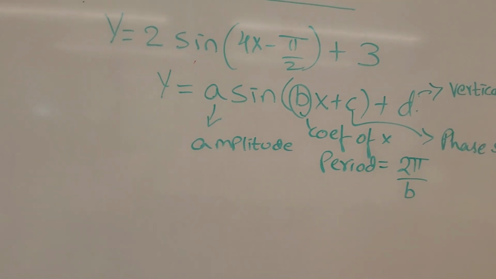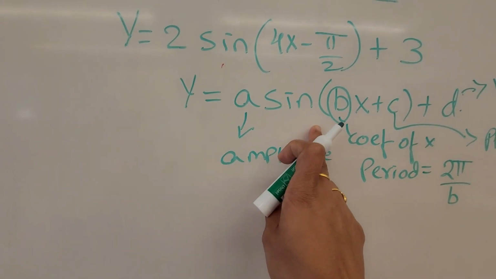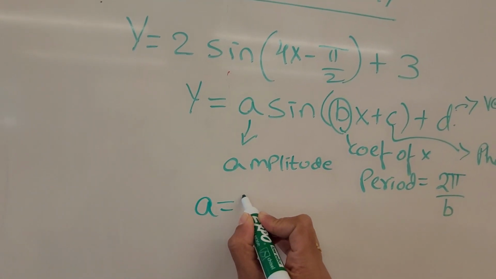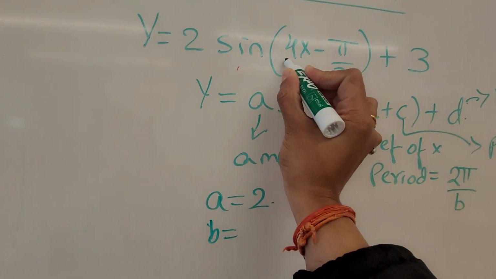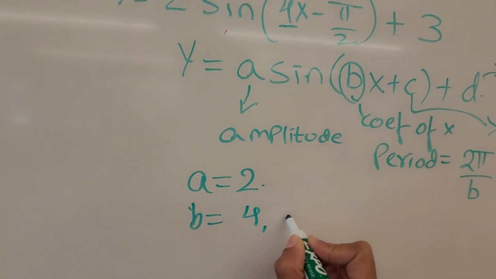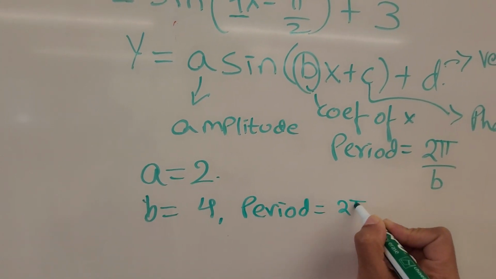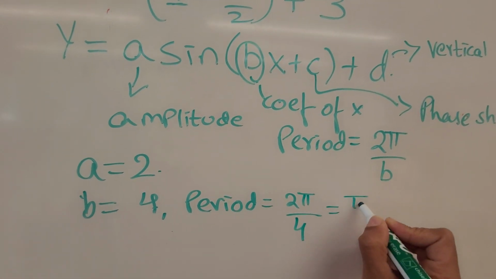So when we compare this with the standard form, I know that the amplitude A is 2 here, and the B value is nothing but the coefficient of x, which is 4. Using B I'm going to find my period: the period is equal to 2 pi by 4, which is pi by 2.